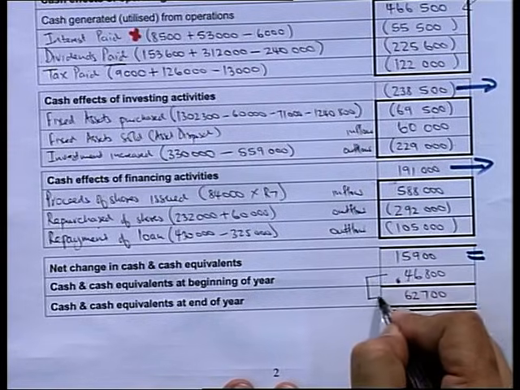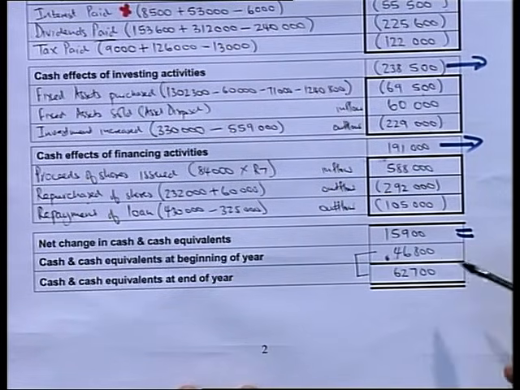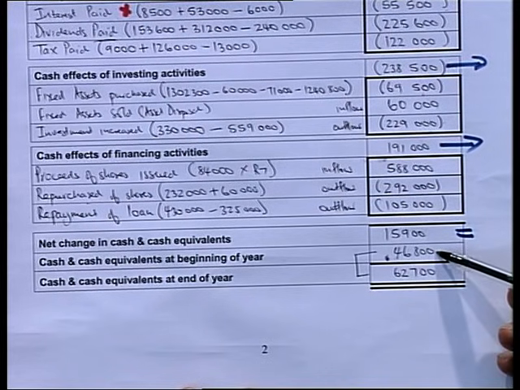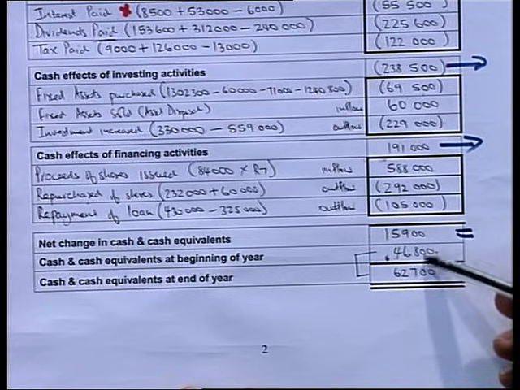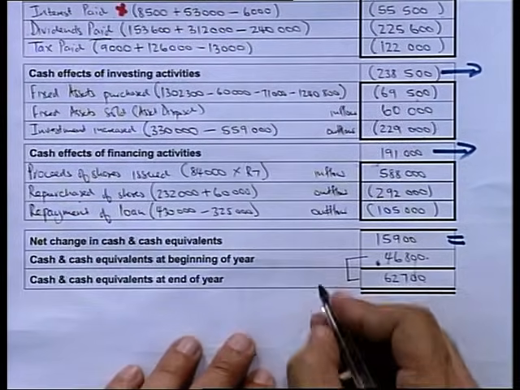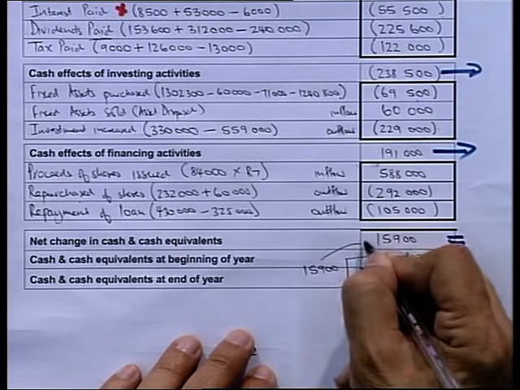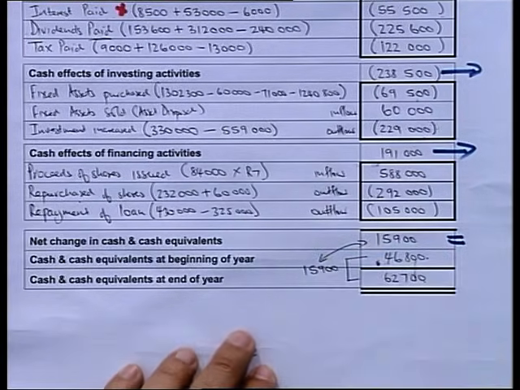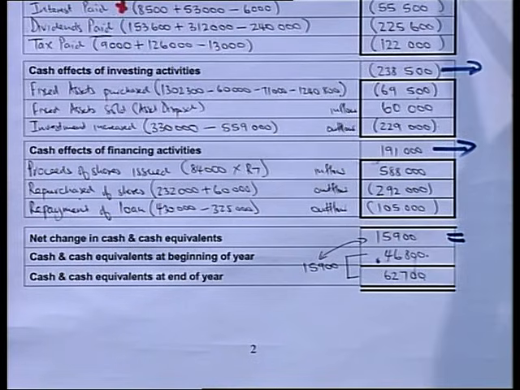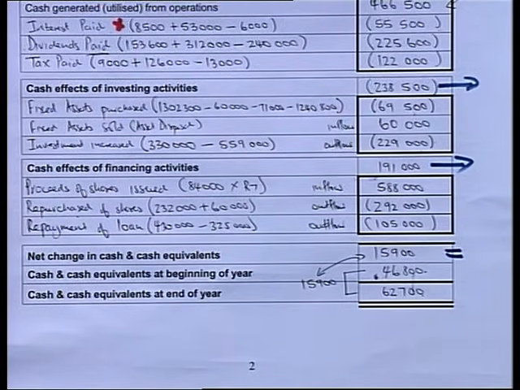So again, our cash increased from 46,800 to 62,700. So there's an increase in cash of 15,900, which is exactly the same as the sum of those three blocks of the financing, investing, and operating activities.